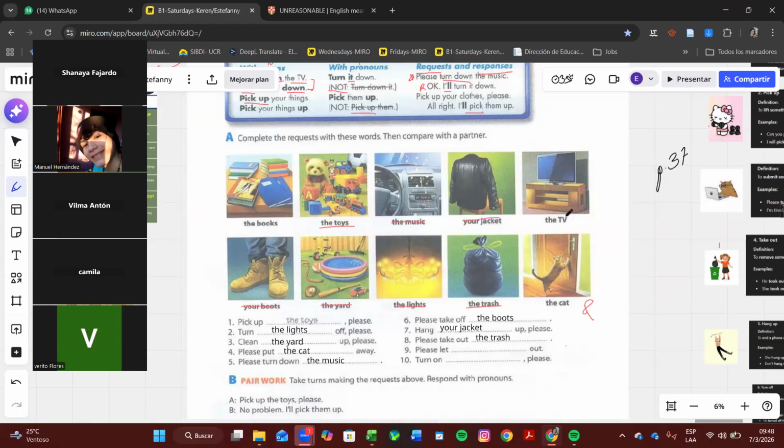So we have the TV and the books, okay? So in this case, for example, this one is please let the cat out, okay? It's not here in the fourth one. Por favor, deja que el gato vaya afuera, ¿verdad? Oh, that's why the cat is like on the door. So please let the cat out. So we have two, the TV and the books.